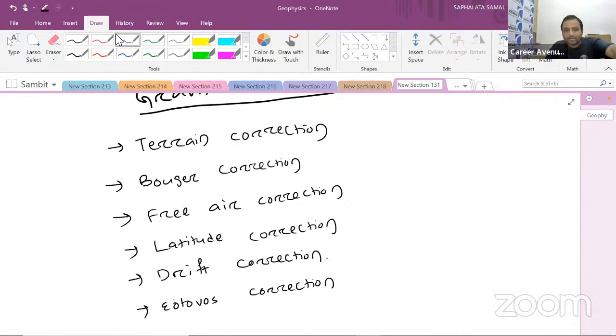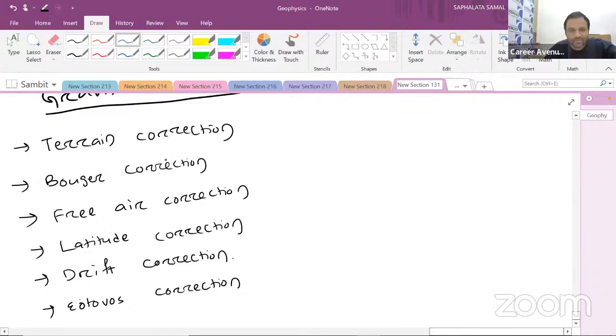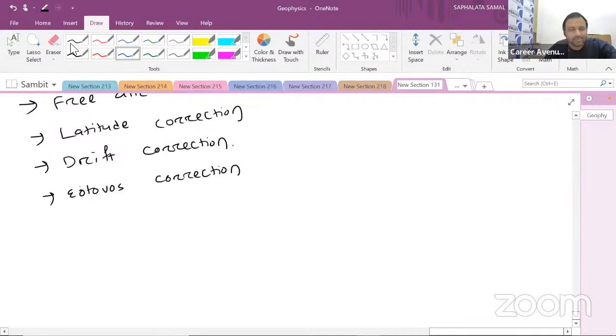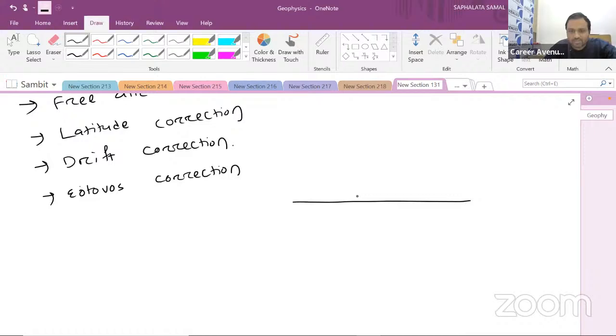Now, what is the terrain correction? Let's discuss them briefly. It's a revision class, so we cannot go into the detail, but I will try to explain as much as possible. Let's say this is the surface of the earth. You are standing over here. Suppose this surface is not a smooth surface.